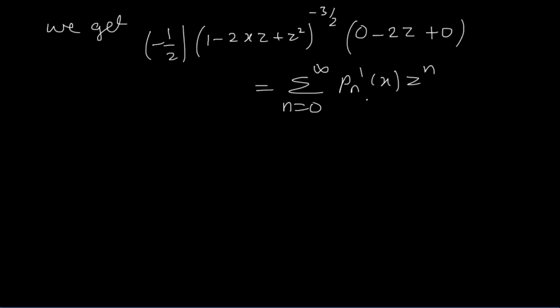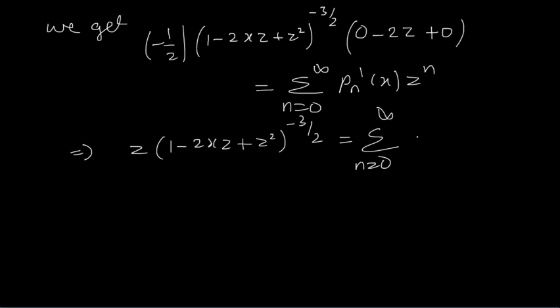Now again, the 2 and 2 get cancelled, and minus into minus becomes plus, which implies z into (1 minus 2xz plus z square) raised to minus 3 by 2 is equal to summation from n equal to 0 to infinity Pn dash of x into z raised to n.